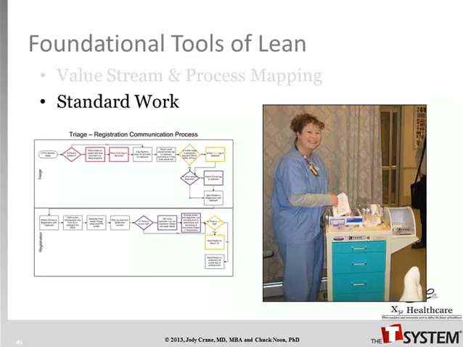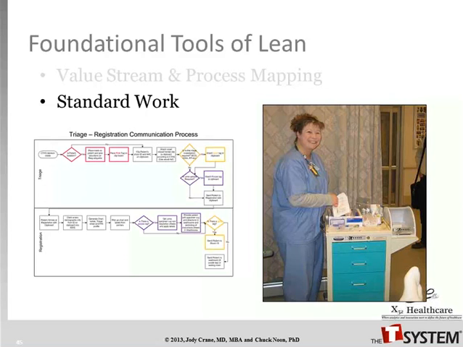Another tool is something called standard work. Value stream mapping looks at the process from the patient's perspective; standard work looks at the demands on the providers that work within the system to provide the care. So it's making sure that we have reliable, repeatable cycles of care that all of our providers can provide, and that what we do happens in accordance with the time allotted, based on patient arrivals.